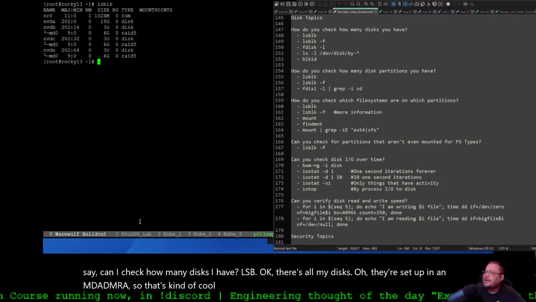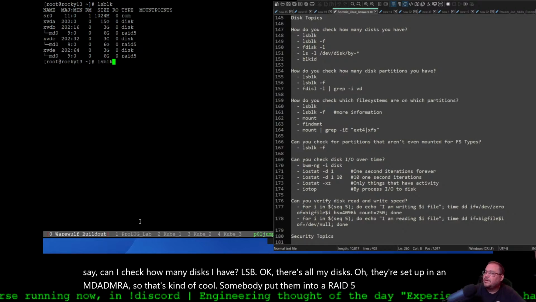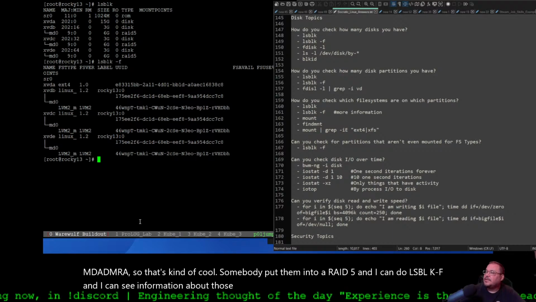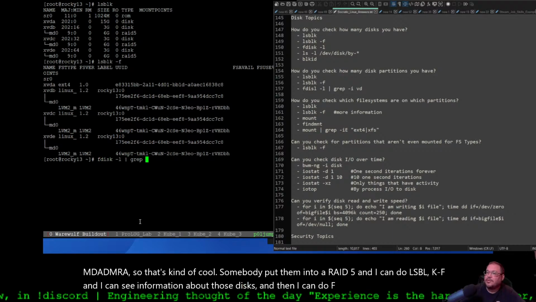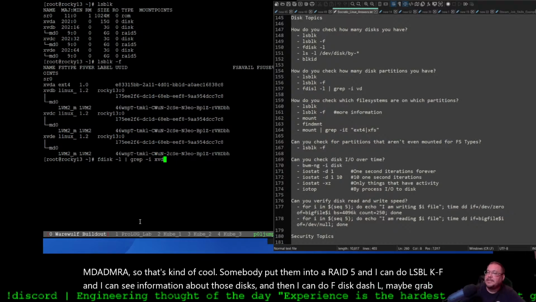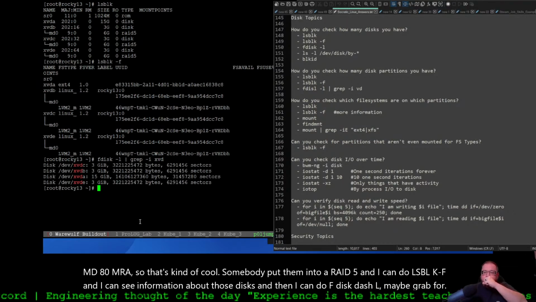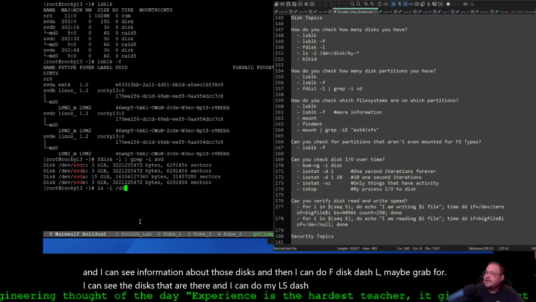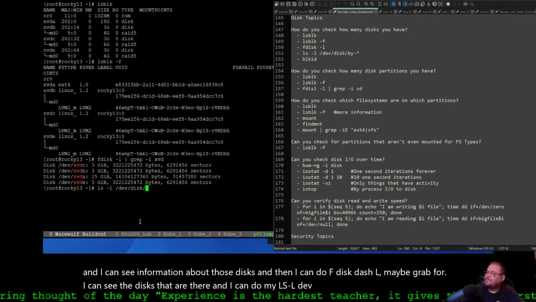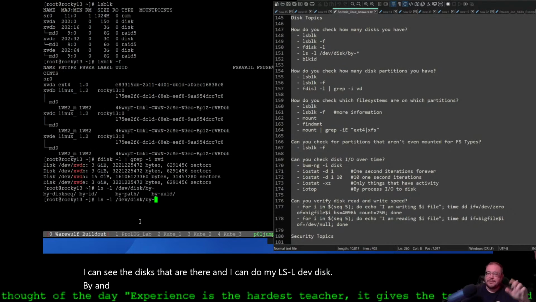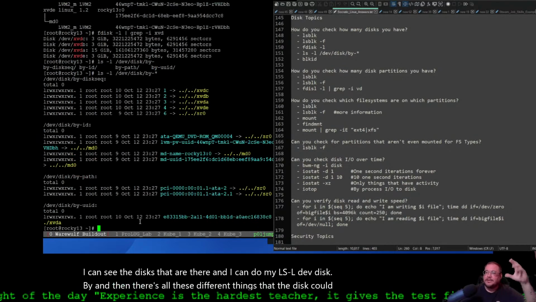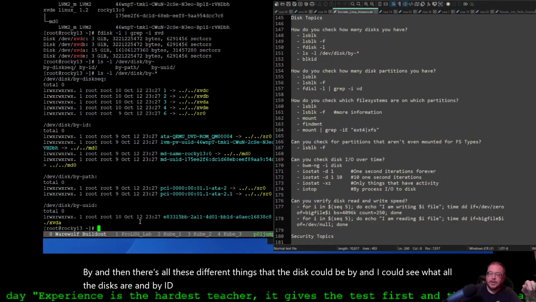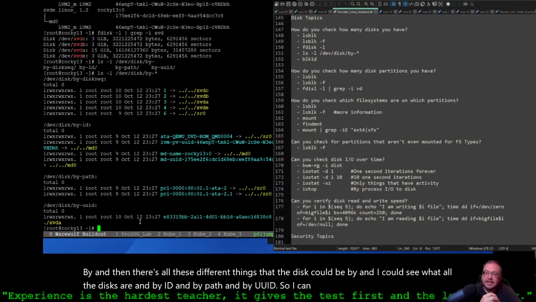Somebody's put them into a RAID 5, and I can do lsblk -f and see information about those disks. Then I can do fdisk -l, maybe grep for xvd, and I can see the disks that are there. I can do ls -l /dev/disk/by-, and there are all these different things the disk could be by: by-id, by-path, by-uuid, so I can map all these things inside of my system.